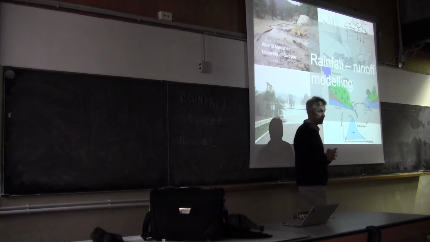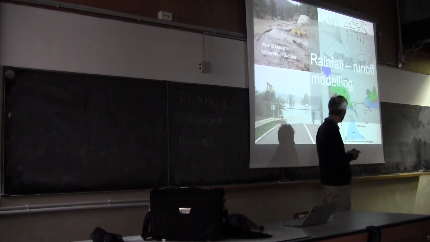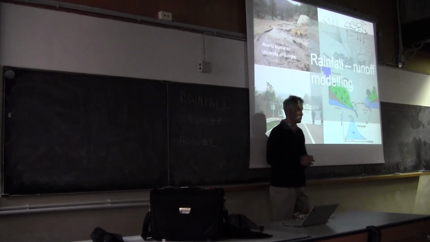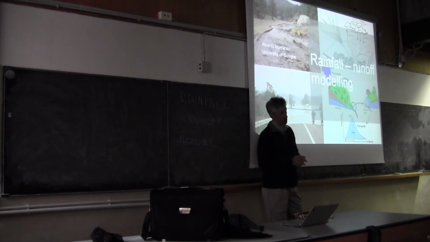The purpose for us is to be able to get information for water resources management. Rainfall runoff models are used also for other purposes like big flow estimation, like design of bridges or other river engineering works.